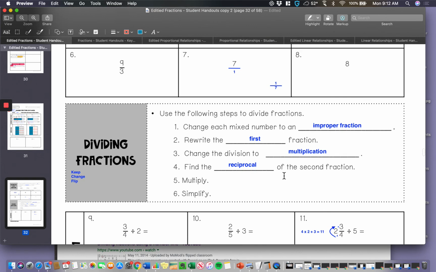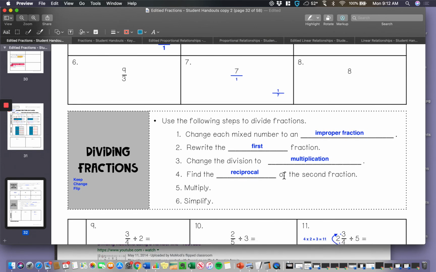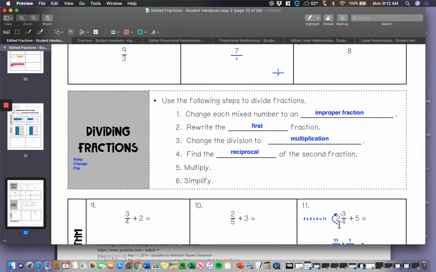The last part here is the shortcut way, basically. It says use the following steps to divide fractions. Number 1, change each mixed number to an improper fraction. So if you have a mixed number like number 11, you'll need to change that to an improper fraction. Then rewrite the first fraction, so you are keeping it. 3, change the division to multiplication, so change the sign. 4, find the reciprocal of the second fraction, so we're flipping it.